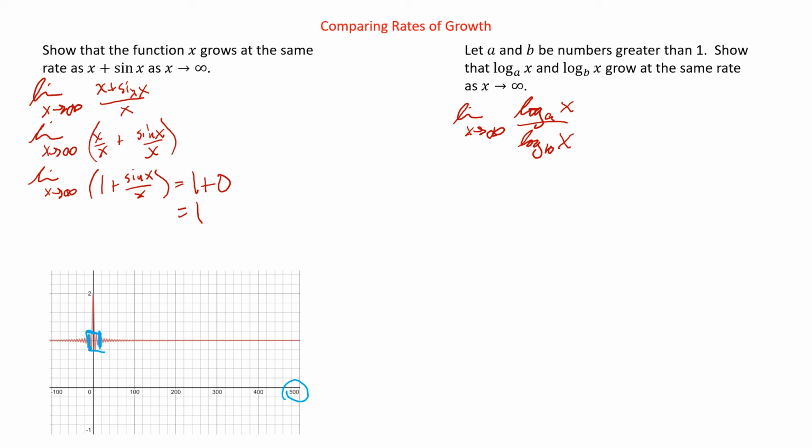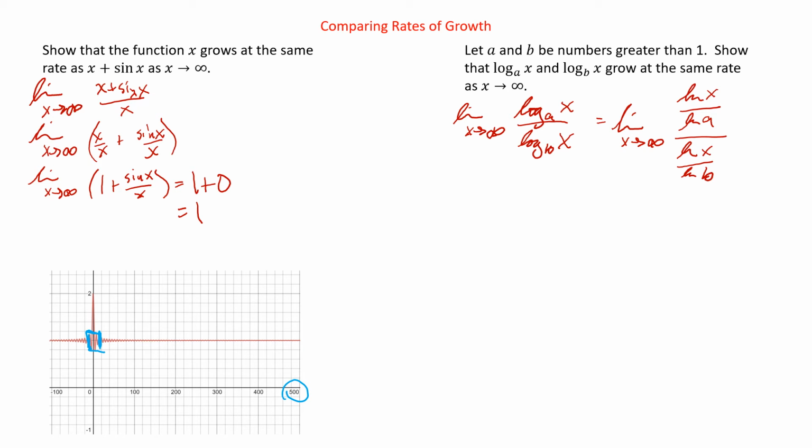What can we do here? Log properties, specifically change of base. If we use the change of base property here, we get natural log x over natural log a, over natural log x over natural log b.